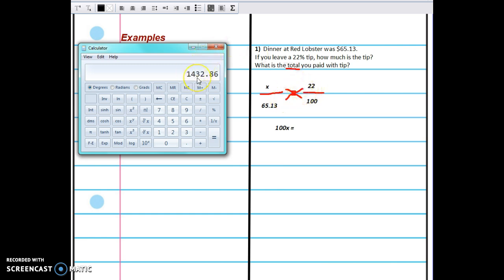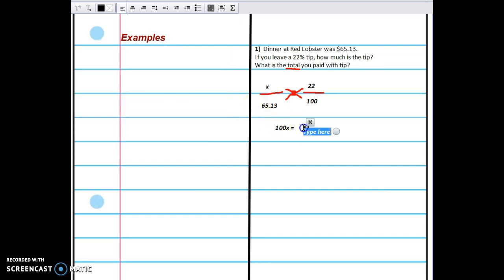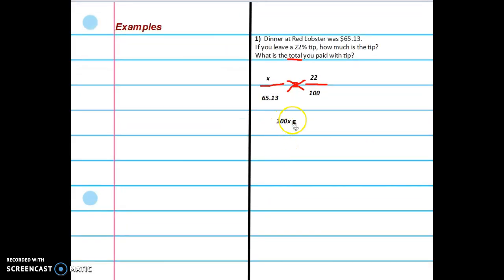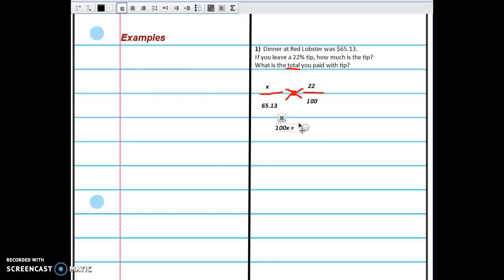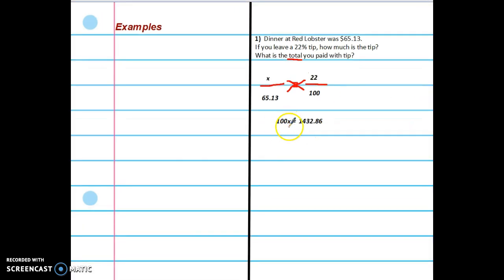That gives me 1432.86. Okay, so now we have a one-step equation to solve. I get rid of the multiplication here, 100 times x, by dividing, because remember the goal is to get x by itself. So we'll divide both sides by 100.